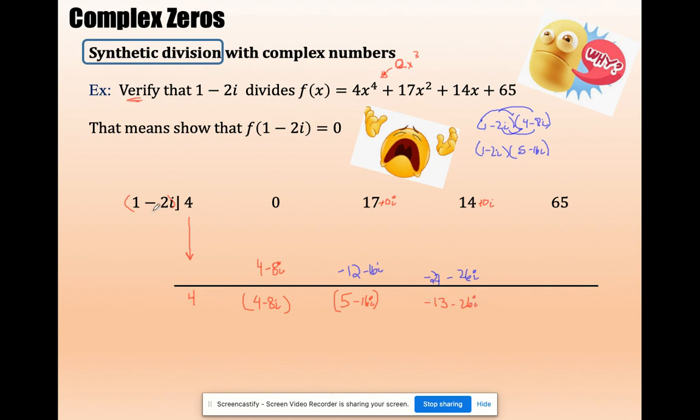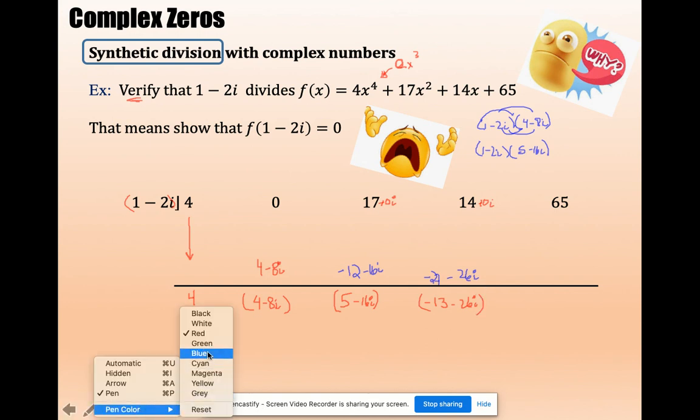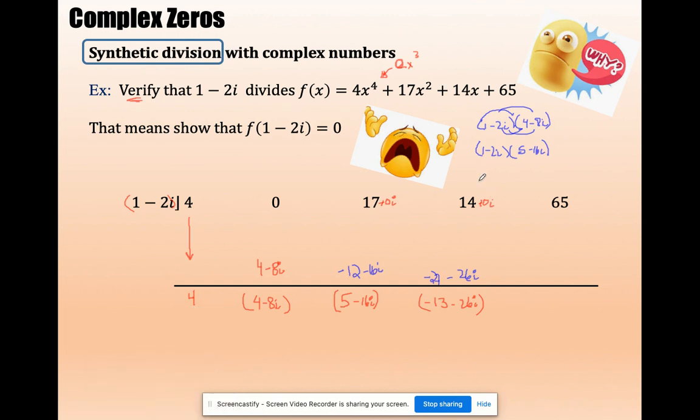And now I have to multiply 1 minus 2i times negative 13 minus 26i. And when I multiplied those two non-real numbers, I actually got a real number back. Just like complex conjugates, right?